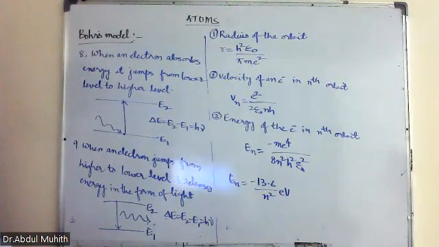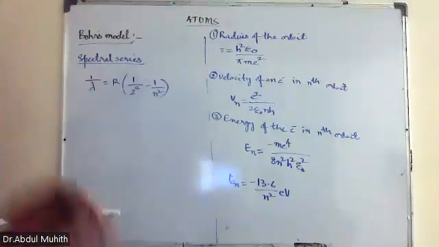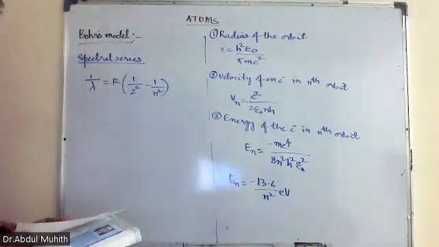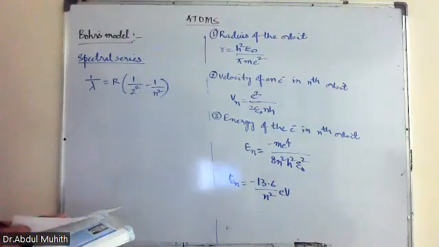Next is the spectral series formula. R into 1 by 2 square minus 1 by n square.